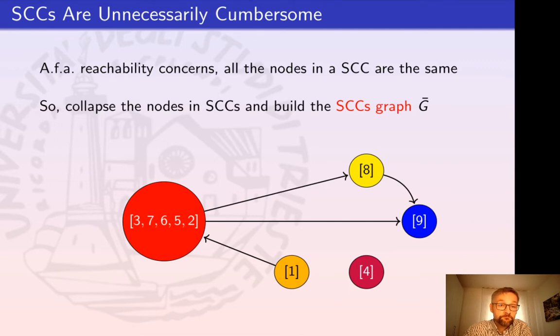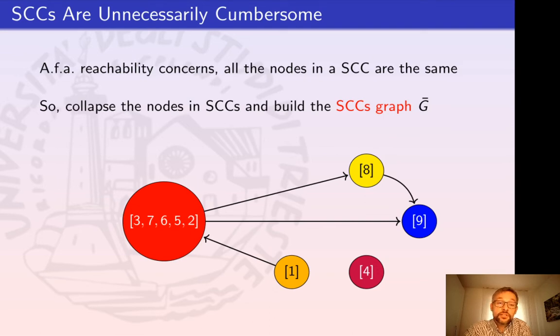Okay, so someone is observing that by using this strategy we are preserving information about the reachability property, but we are losing information about the length of the paths. And this is true, but we are not interested in the length of the paths. We are interested in knowing whether from one node we can reach another node.